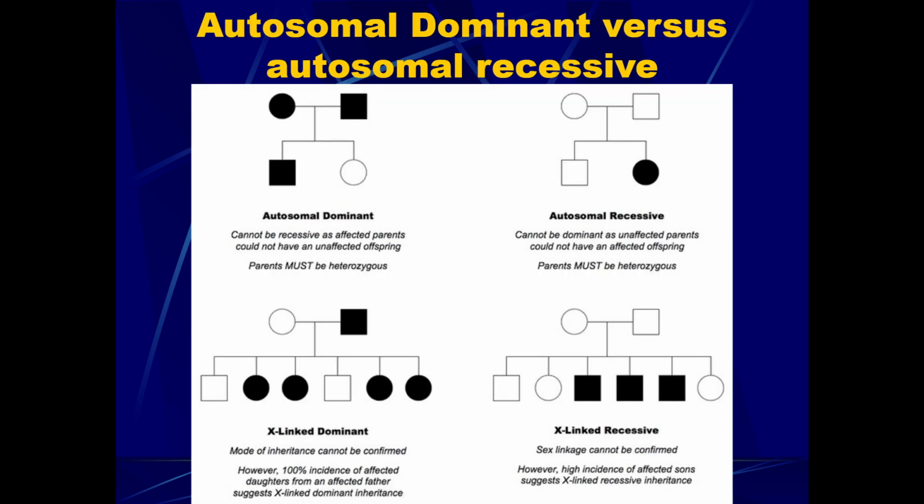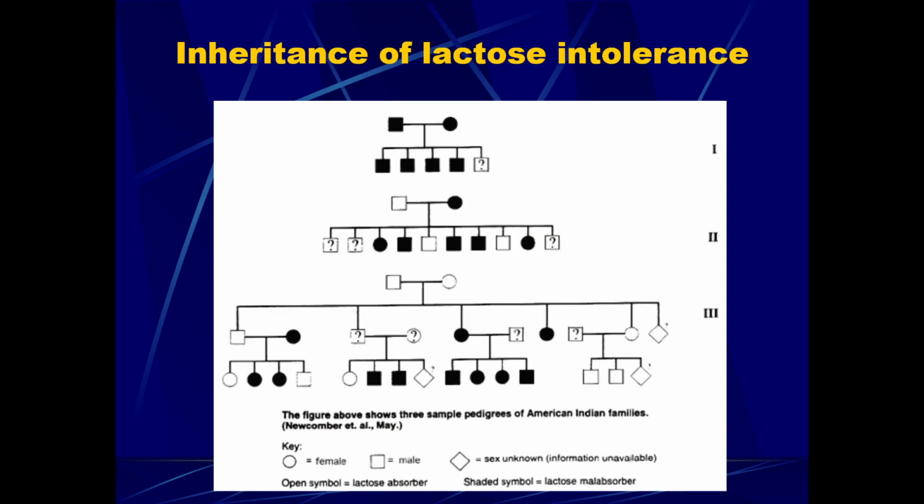So again, autosomal dominance versus recessive: to show the disorder, if something is inherited autosomal recessively, all affected organisms or offspring would have to be homozygous recessive.